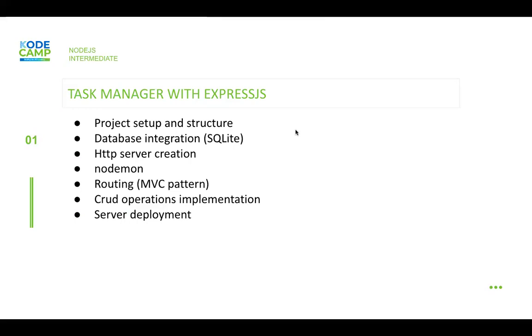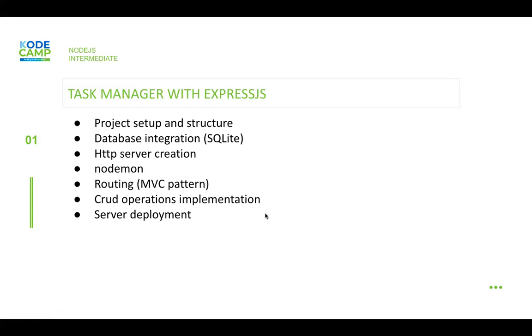In our previous class, we were building a task manager with Express and SQLite. So we designed our application, we integrated a database, we created our server, we added Nodemon, and we implemented the MVC pattern.